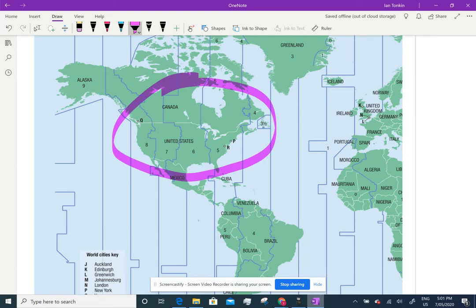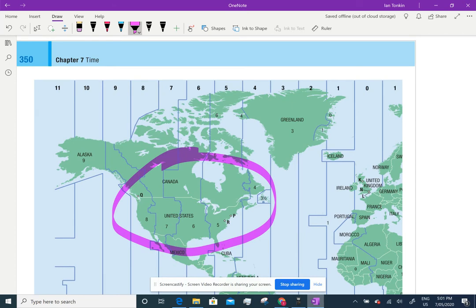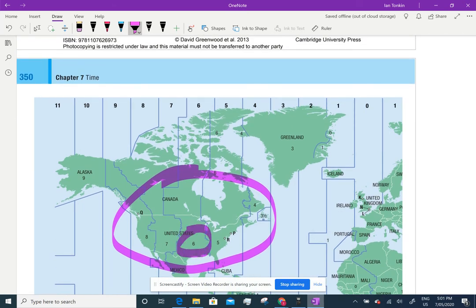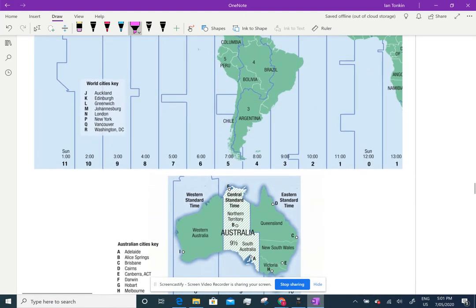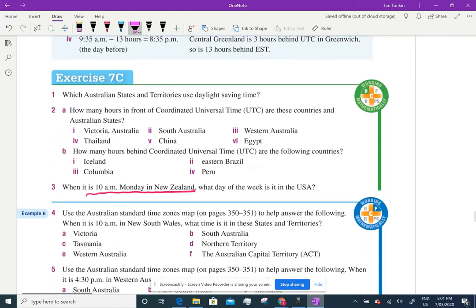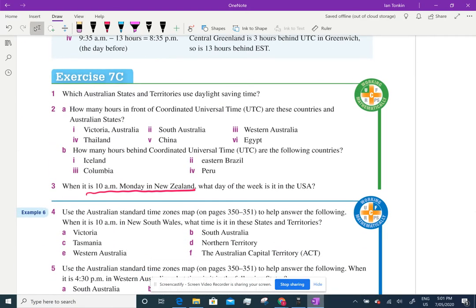But they're behind. So these ones are behind. So let's just take the middle one, 6. Now, if in New Zealand it's 10 a.m. on Monday and they're 12 hours in front, if you go 12 hours back to Greenwich, so 12 hours back.